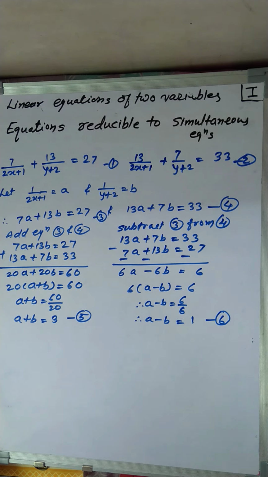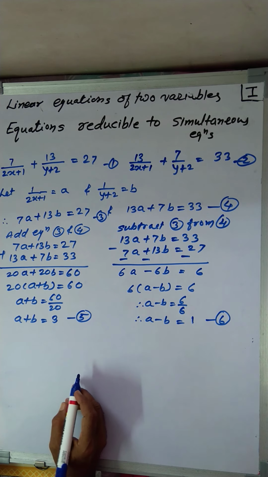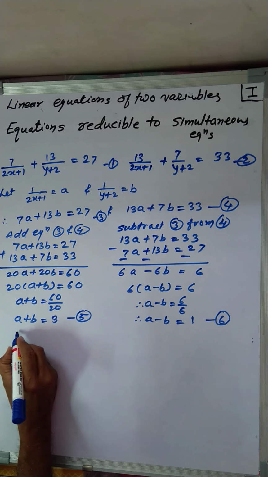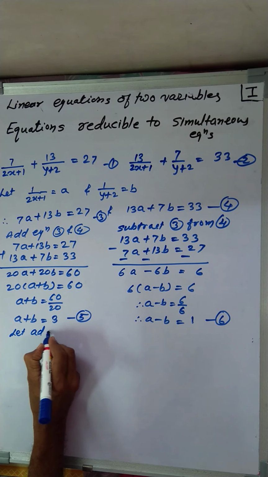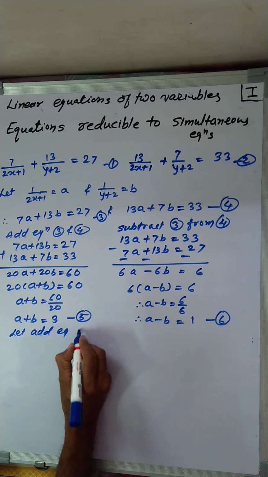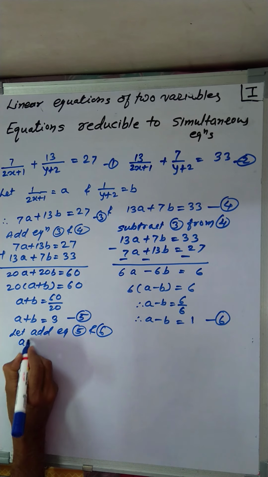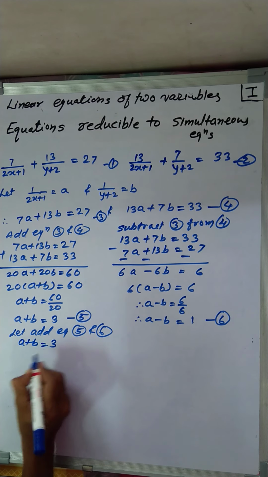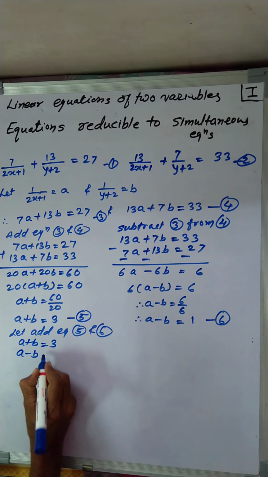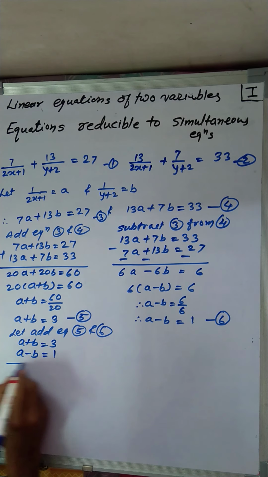Now we get the simple equations. We add these equations and get the values of a and b. Let us add equation 5 and 6. That means a plus b is equal to 3, a minus b is equal to 1.